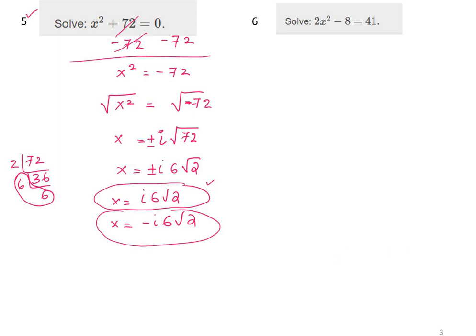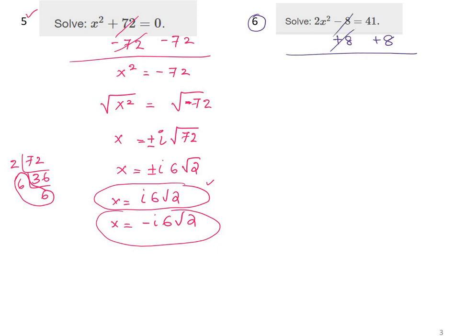So more questions. So number 6. When we practice more and more questions, things will be more clear to you. That's why we are practicing with different kinds of questions. Okay, so the next one, that is 2x squared minus 8 is equal to 41. So as in the previous case, let us add 8 on both sides, plus 8.